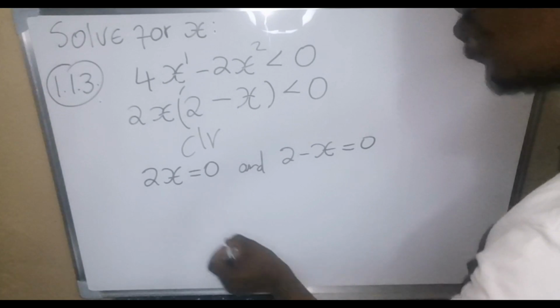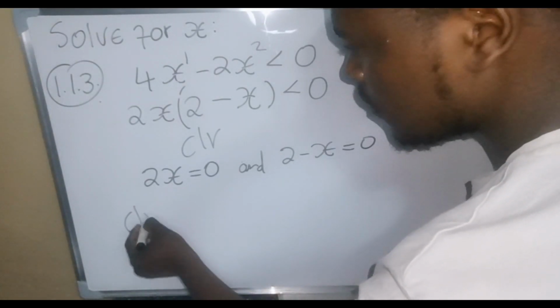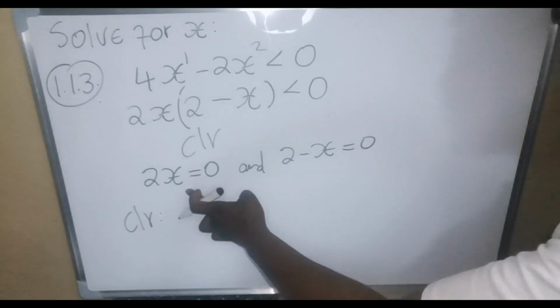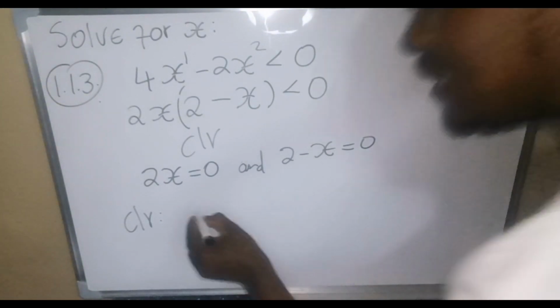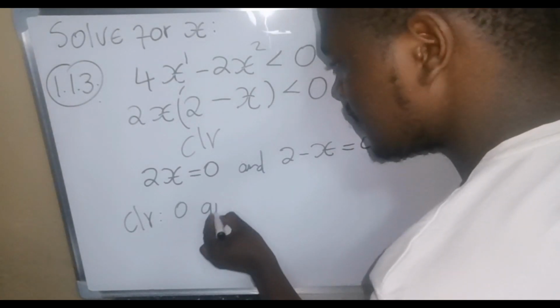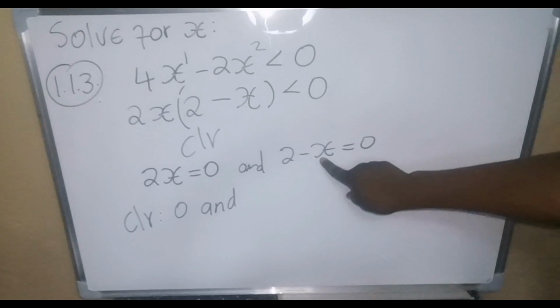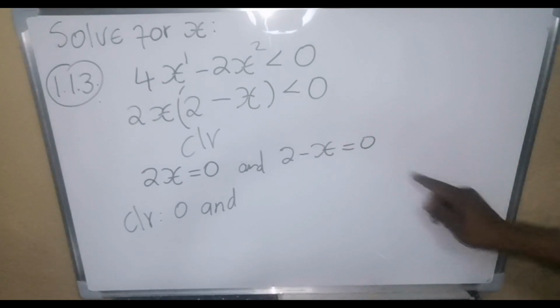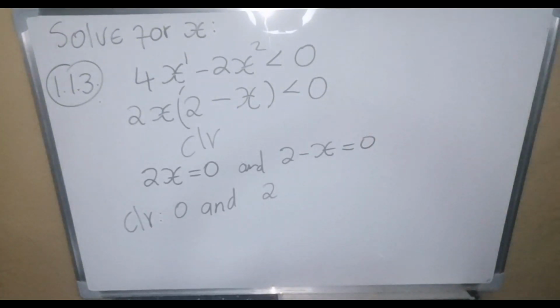You divide both sides by 2 here, and x is 0. That means your first critical value is 0. For the second, I transpose this x to the right, so x is equal to 2. These are your critical values.